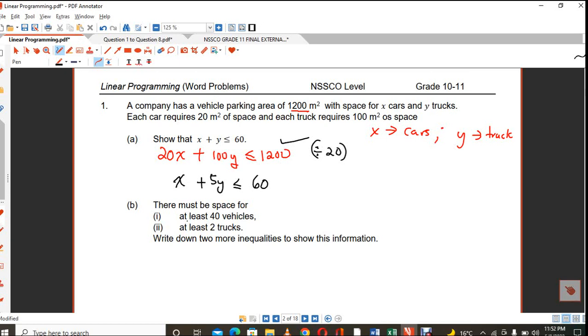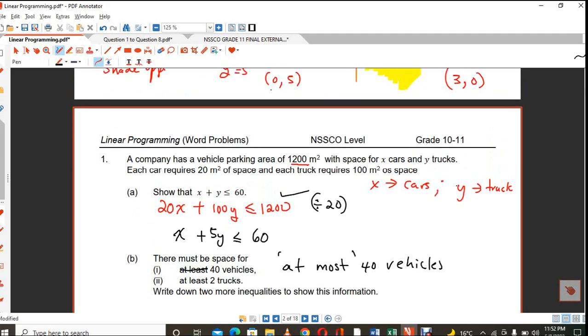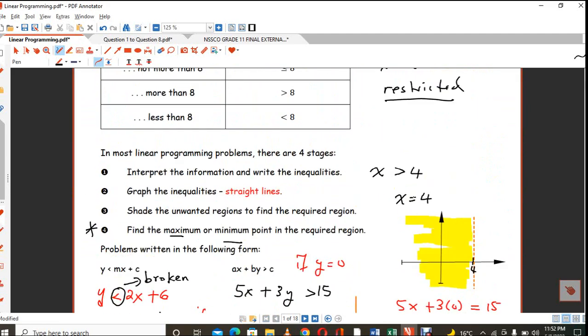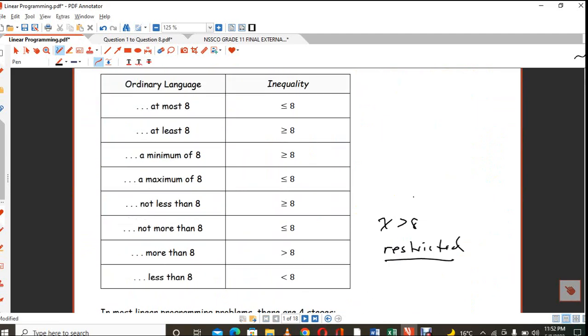So there's a little problem with this question. I would suggest that you scratch this if you have it in your book and write there "at most", because otherwise it won't work. So it must be at most 40 vehicles. Now, remember the hint for what you're supposed to remember: at most is less than or equal to.